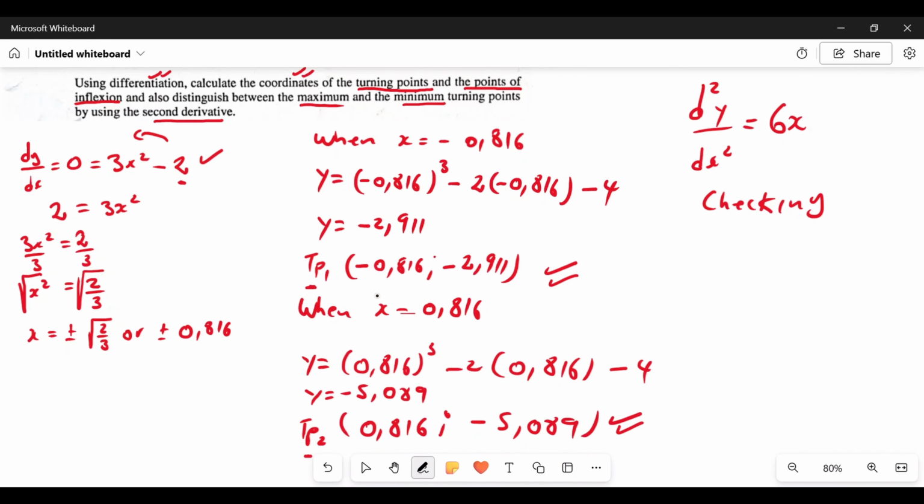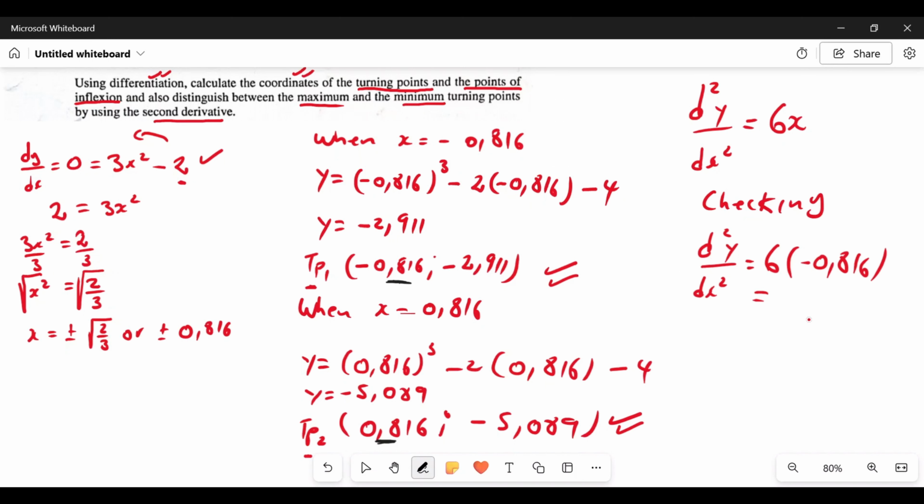Now from here, we can check by substituting x values of the turning point. So we're going to substitute these values here, right, of the turning point. When our second derivative is less than 0, just know that it's a maximum. And when it's positive or above 0, just know it's a minimum turning point. So let's start. When we have d squared y over dx squared 6x, this time around, we're going to substitute when x is negative 0,816.